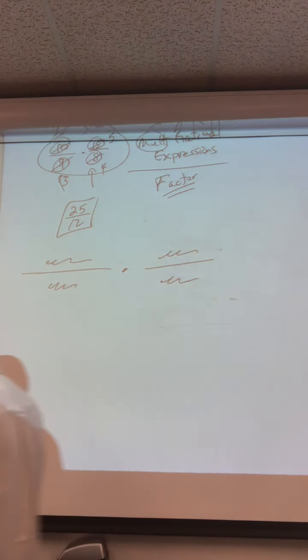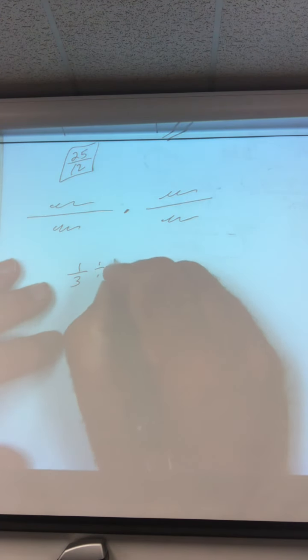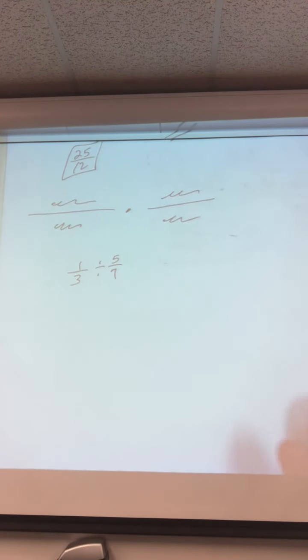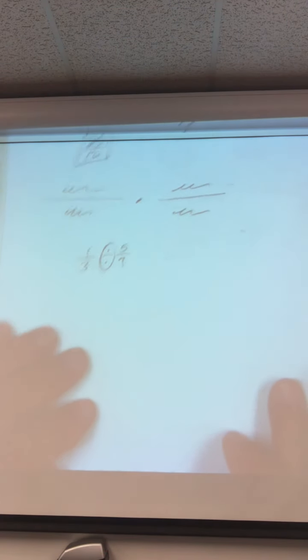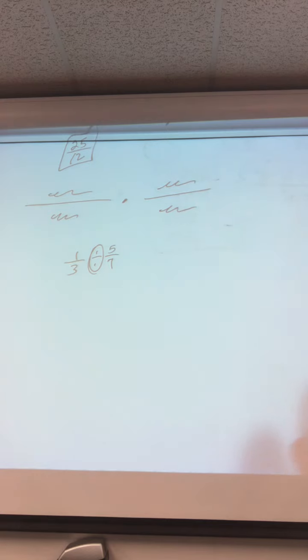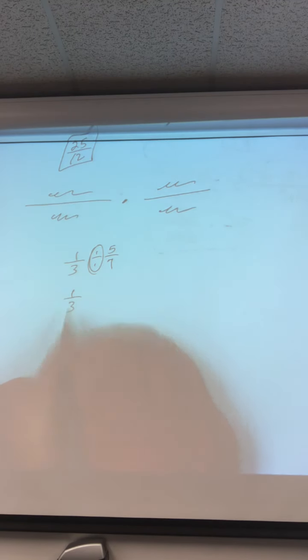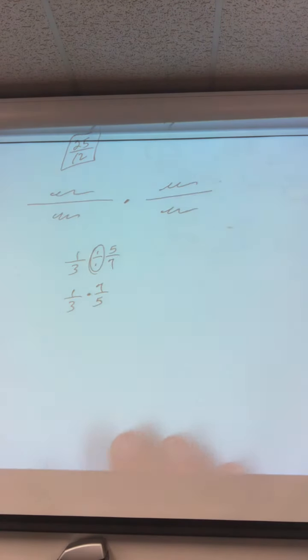Now, let me remind you of something else that you may have forgotten, and we have not talked about this semester. Remember from elementary school, when you are dividing two fractions, the teacher probably said something like this: keep, change, flip. So before you work the problem, you keep the first fraction the same, change the division to multiplication, and flip the second fraction.